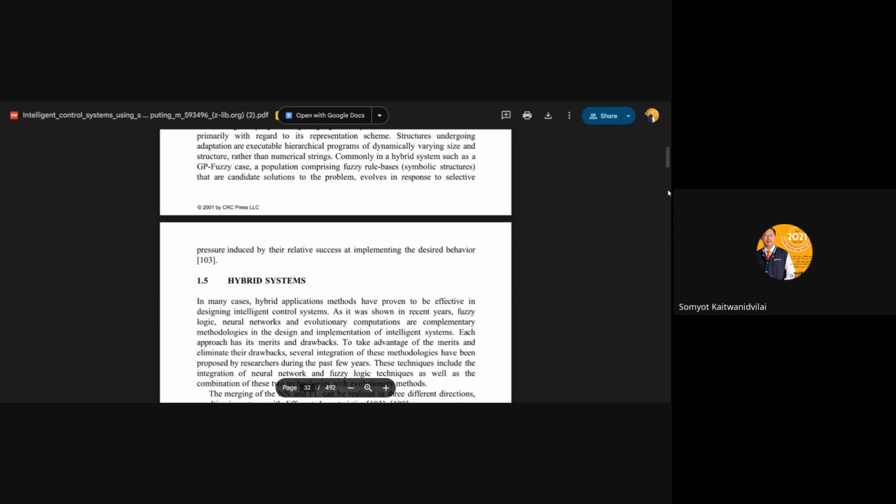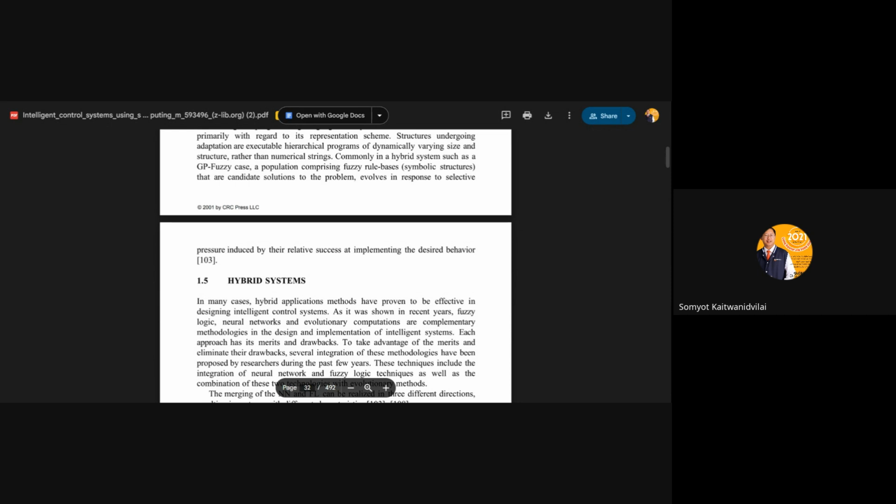The next is the hybrid systems. You can combine the fuzzy and the neural network. With the neural network, you can use a training set to model the mathematics. The fuzzy is a structure that is quite good because it looks like the structure of human reasoning. So if you combine these two, the advantage number one is that you have a structure like human reasoning because you use the fuzzy structure.